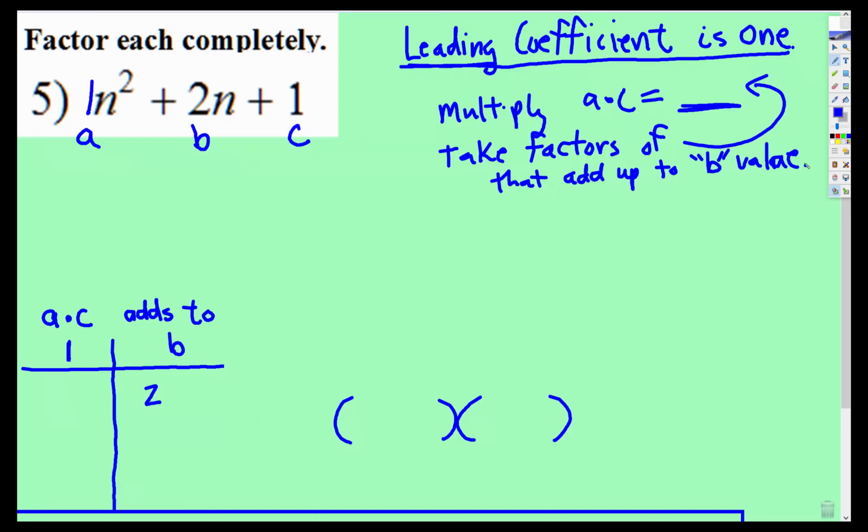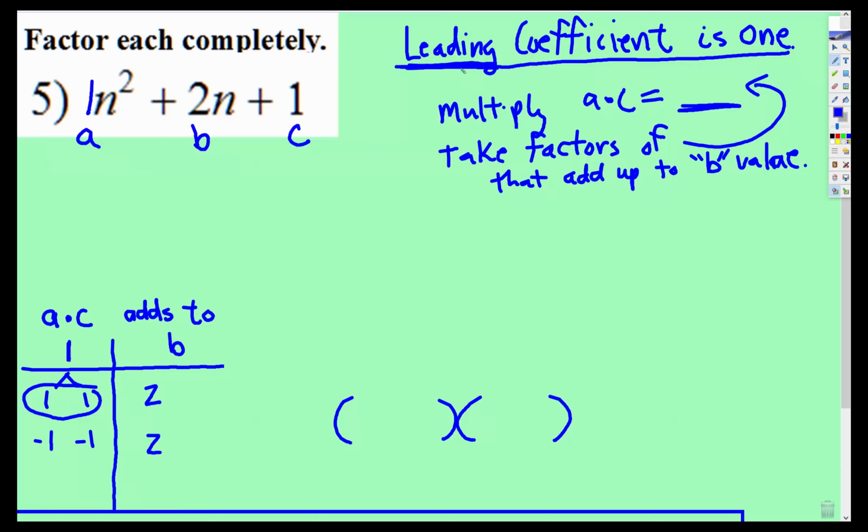Well, this one's pretty easy. Factors of 1 are just 1 times 1 or -1 times -1. Well, which of these set of factors add up to +2? The 1 times 1. This is very key.